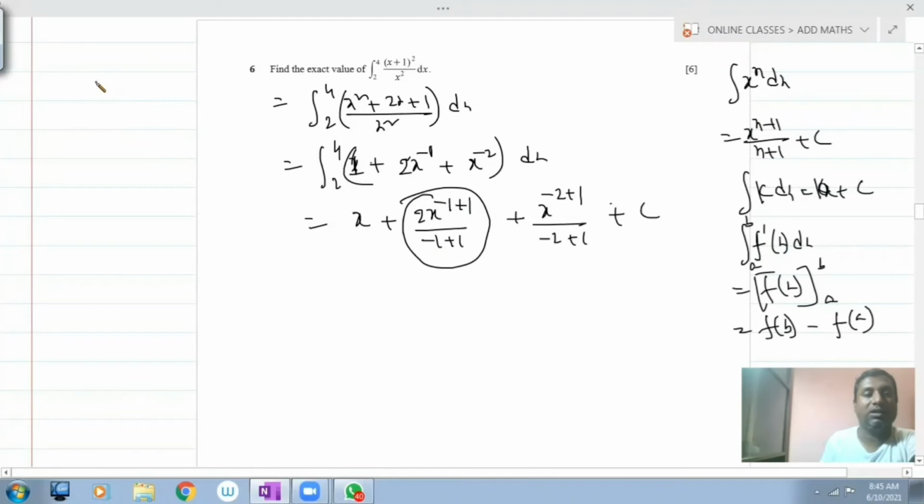So we can write integration of 1 by x dx equals ln x, obviously for positive values of x, plus c. So we can use this formula instead. So this is x plus 2 ln x.